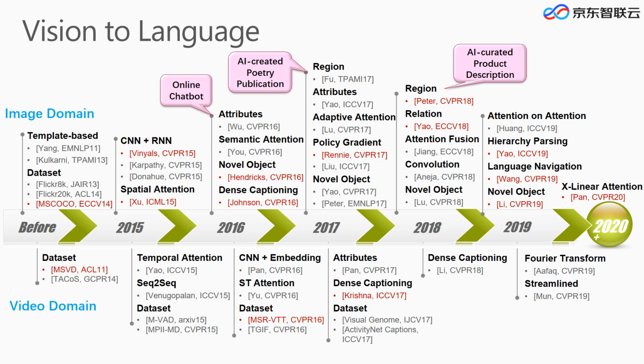The starting point of captioning in the video domain was also in 2015. Then researchers started to exploit temporal attention and embedding attributes to further improve video captioning. It is also worth mentioning that in 2016, we released the MSR-VTT video captioning dataset, which has been widely used in this domain and already downloaded by more than 100 groups worldwide.